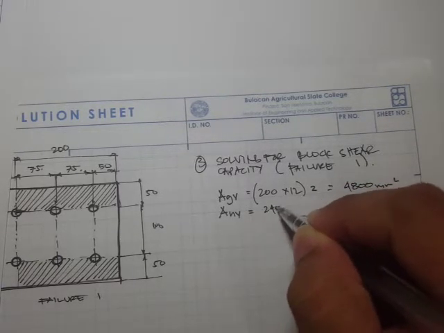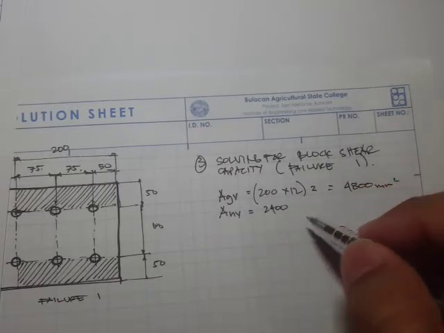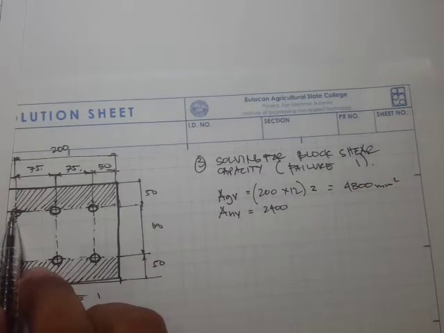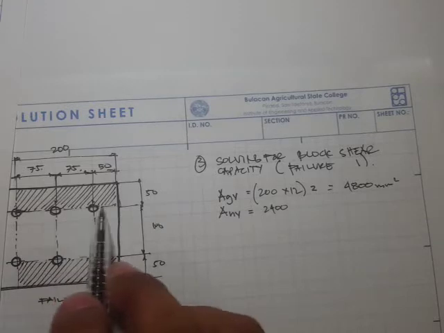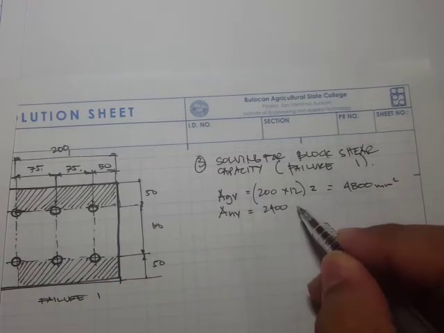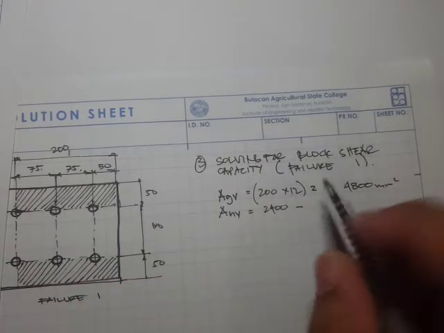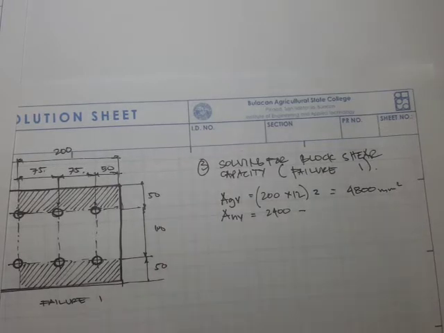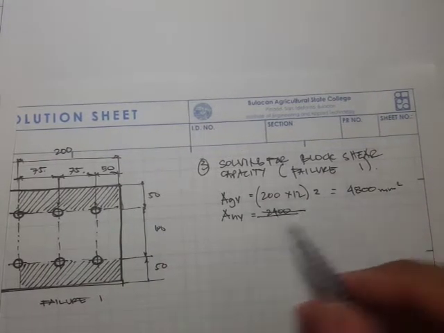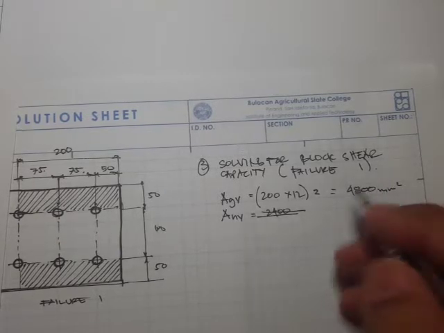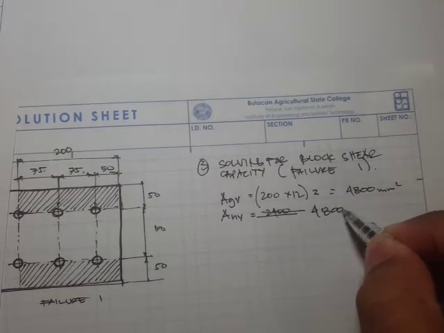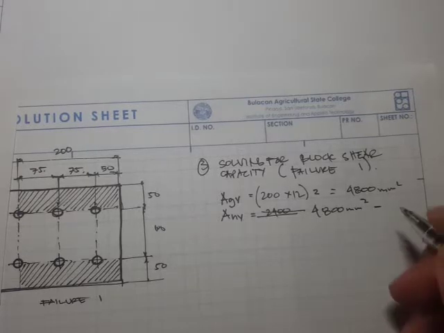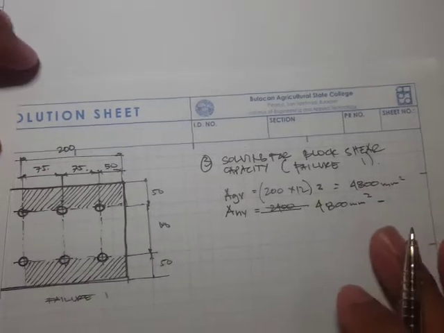Okay, so we can do it this way: we start with the gross area, 4,800 mm squared, minus the area of the bolt holes.